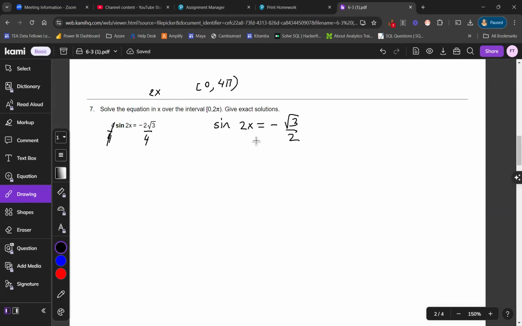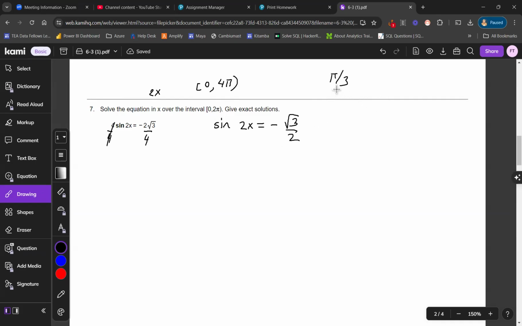So I am going to think about all the angles whose sine value is equal to a negative √3 over 2. This sine value originally belongs to 60 degrees, which is pi over 3, but it's a negative value. Sine is negative in quadrant 3 and quadrant 4.